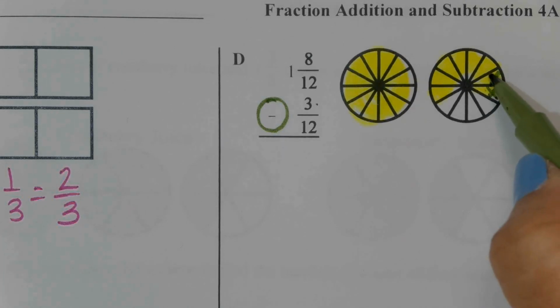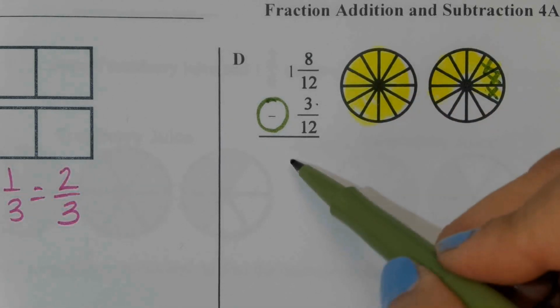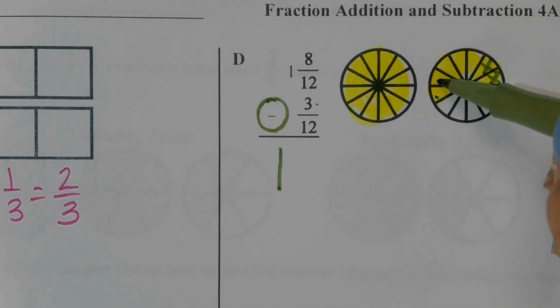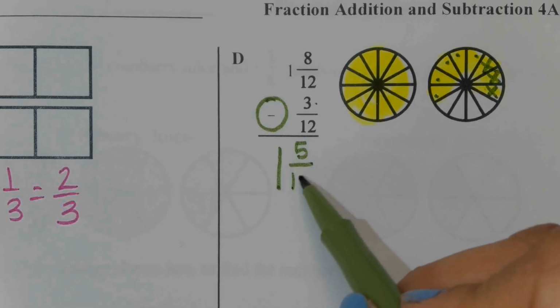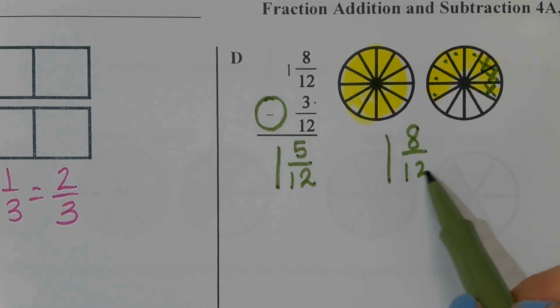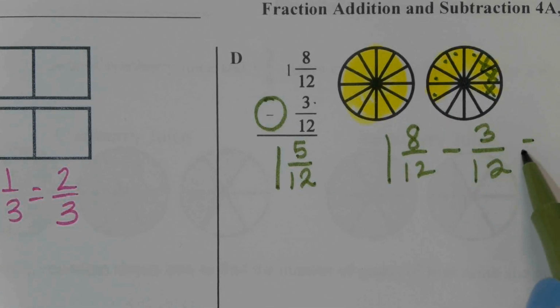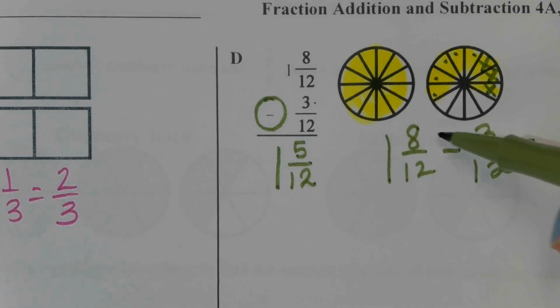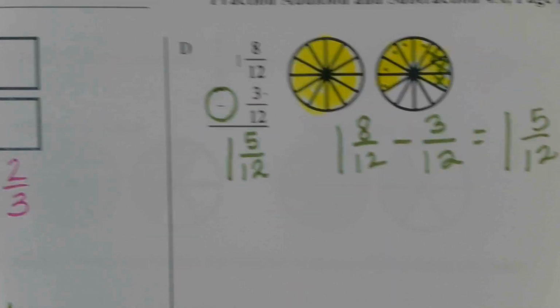So 1, 2, 3, and that leaves me with 1 whole and 1, 2, 3, 4, 5/12. I can also write it as 1 and 8/12 minus 3/12, which equals 1 and 5/12.